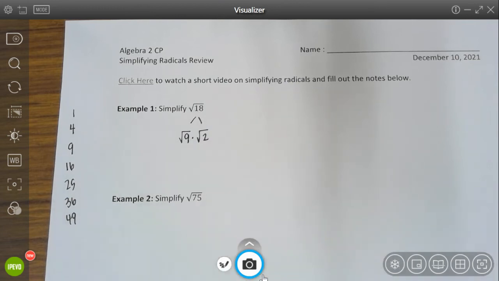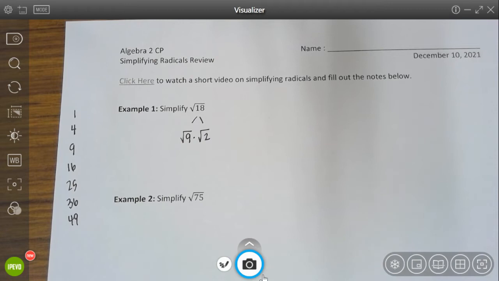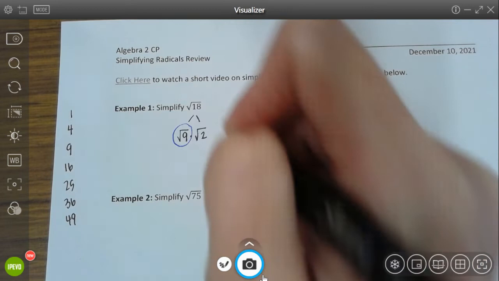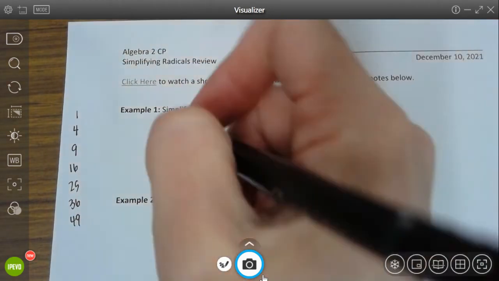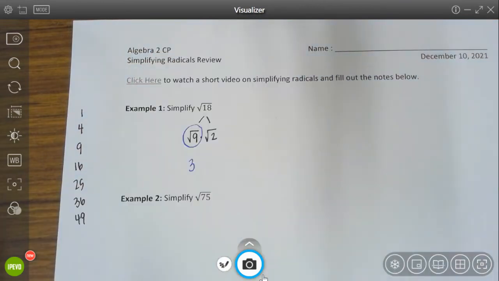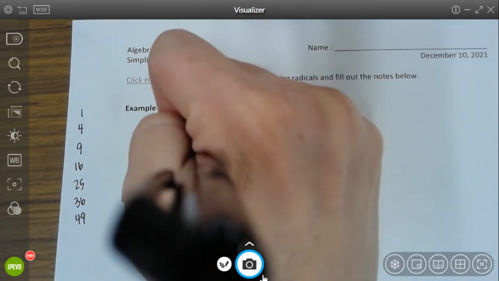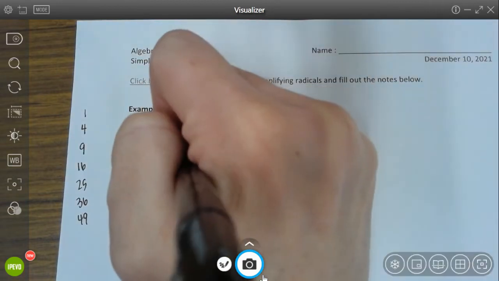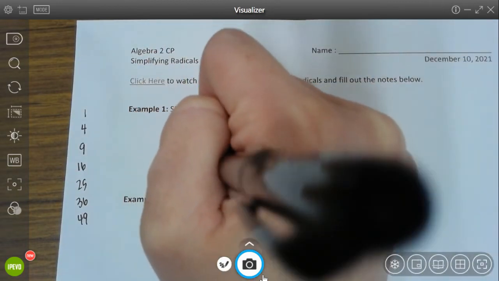And the reason that this way is helpful is because then you know that you can take the square root of 9, and that's an integer. So the square root of 9 would be 3, and then I can just bring the root 2 down. So the simplest radical form of the square root of 18 would be 3 times the square root of 2.